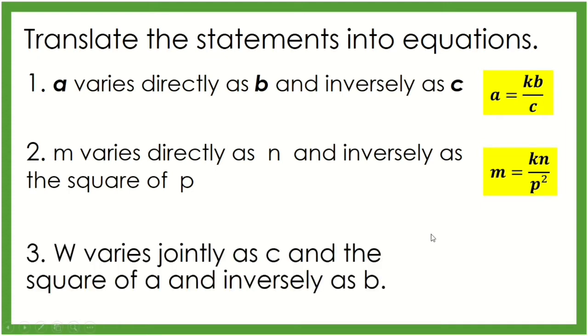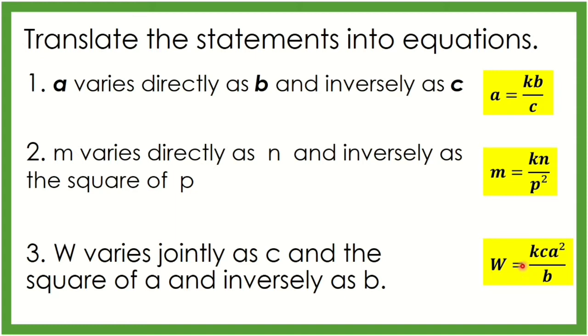For number 3, W varies jointly as C and the square of A and inversely as B. This is translated as W equals K times C times A squared all over B. So, W is the first quantity or variable.